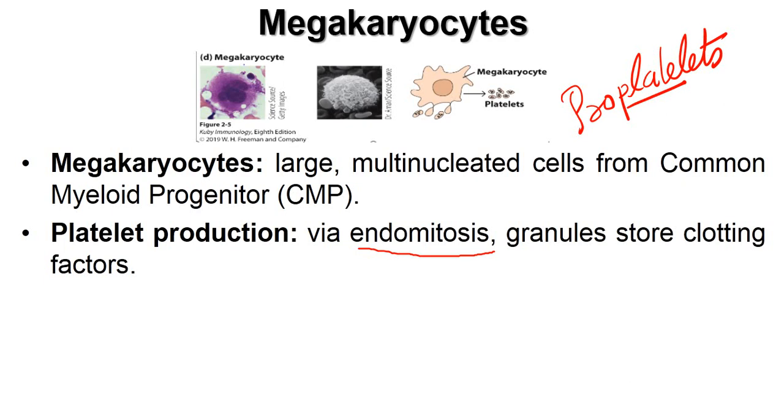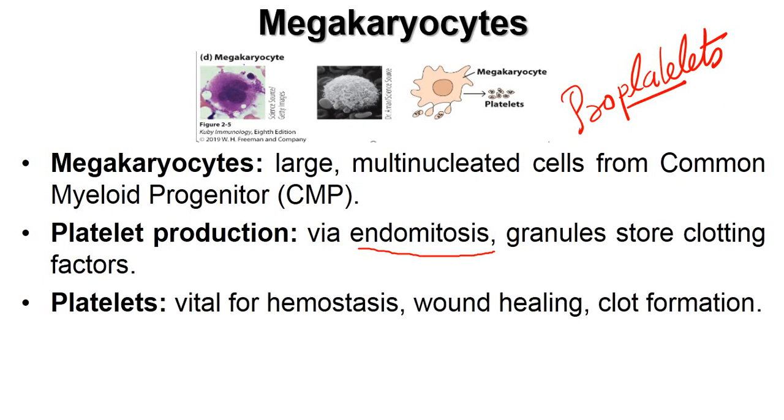Further, platelets are vital for hemostasis. What is hemostasis? Hem is blood, stasis is cessation. So you need to stop your blood flow so that the blood simply should not ooze out, and once the blood flow is stopped, only then the wound healing and the clot formation takes place.